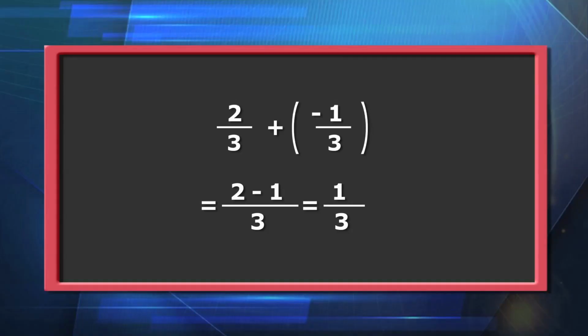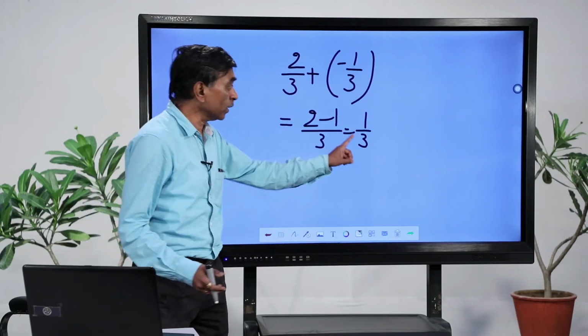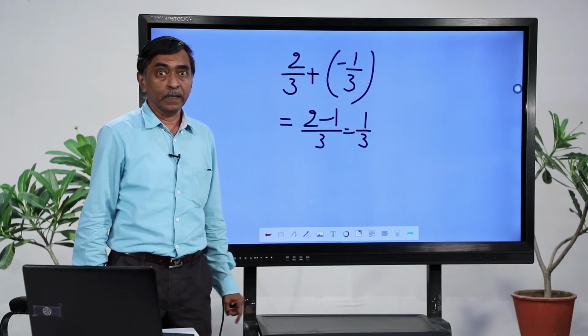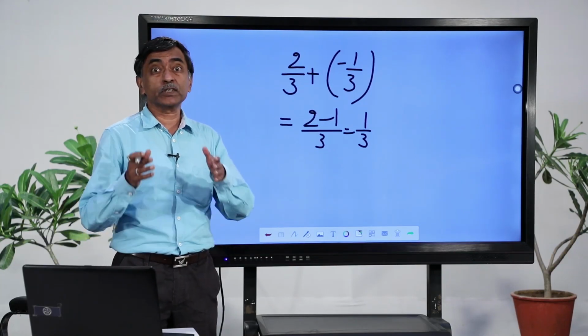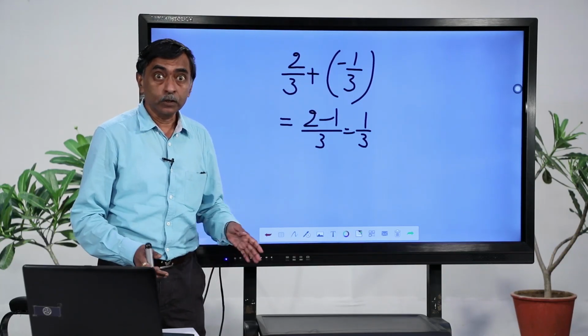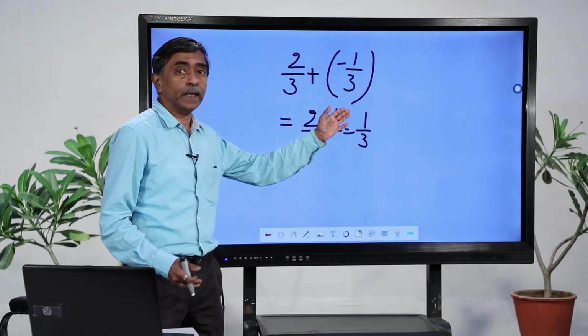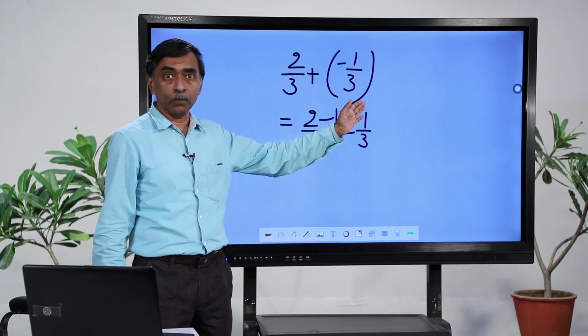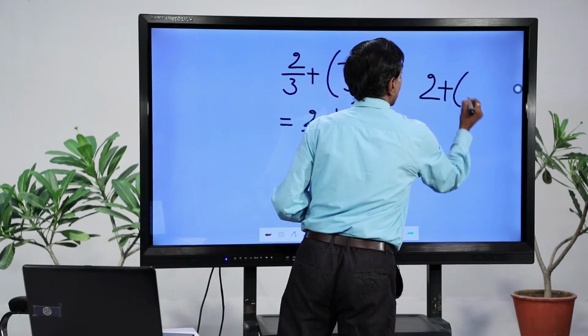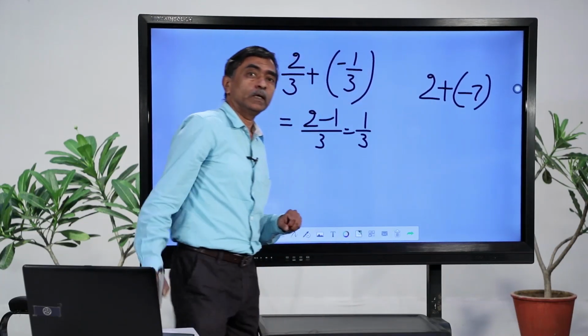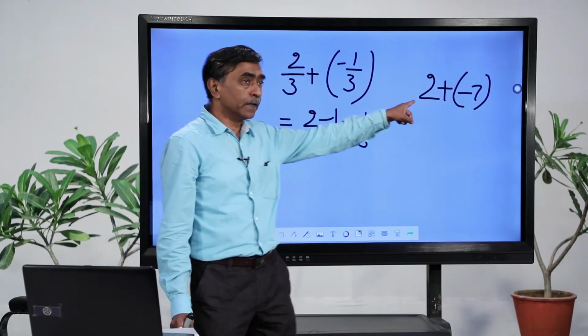You take several such pairs of numbers, add them and see what kind of number you are getting. Is it strictly an integer? Is it strictly a natural number, or is it strictly a rational number? Every time, if I add two rational numbers, even these two numbers, 2 and minus 7, aren't they rational numbers?